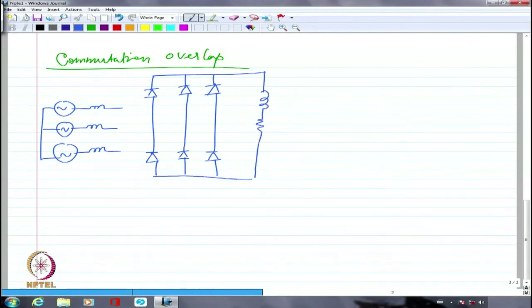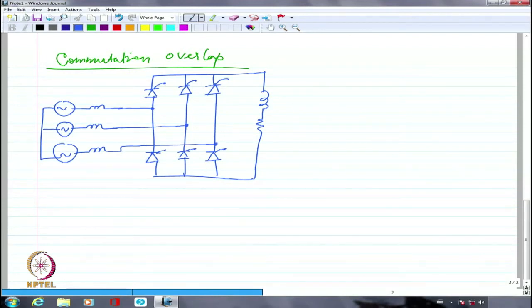Maybe a DC motor drive, maybe something else, whatever. So this is how it is connected. And let me take whether it is thyristor or diode, it does not matter at all in this case, but I am just taking thyristor so that everything will look uniform. That's it.